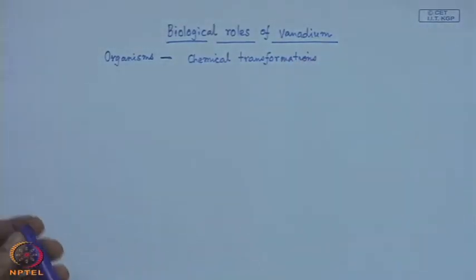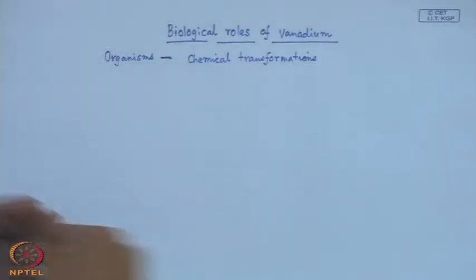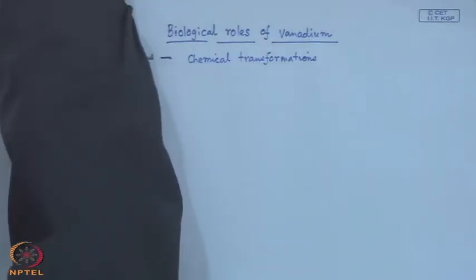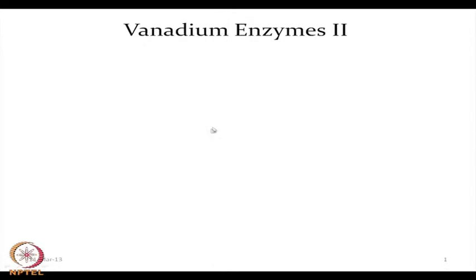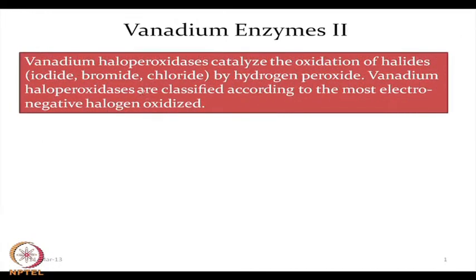That's why today we will be just talking about this second part of the system, which is the vanadium enzymes. And this vanadium enzymes second part will deal with some of the things what we have already discussed, that the vanadium haloperoxidases which catalyze the oxidation of halides.